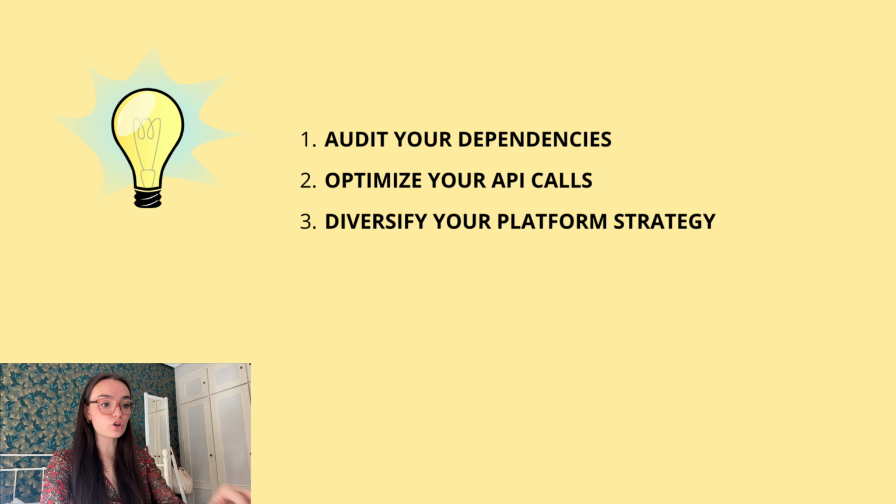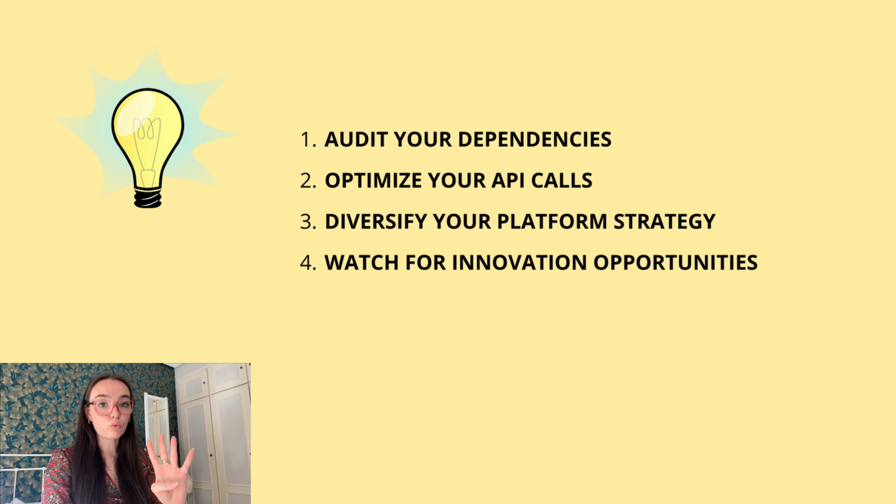Third, diversify your platform strategy. Don't rely 100% on one network's API. We have seen how unpredictable things can be with X. If you run automations or social media workflows, spread your effort across Instagram, LinkedIn, TikTok, and others. Fourth, watch for innovation opportunities. If X's API becomes more open and flexible, new niches will emerge.